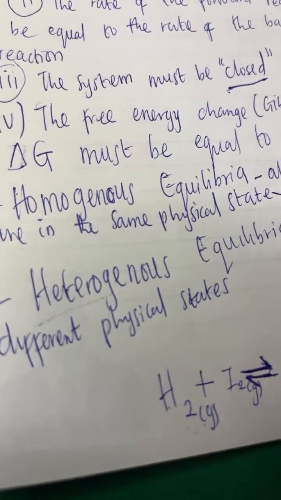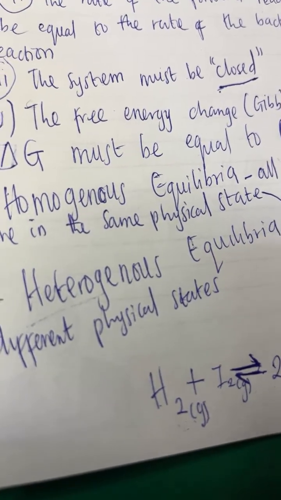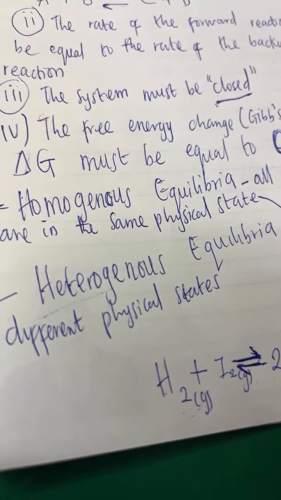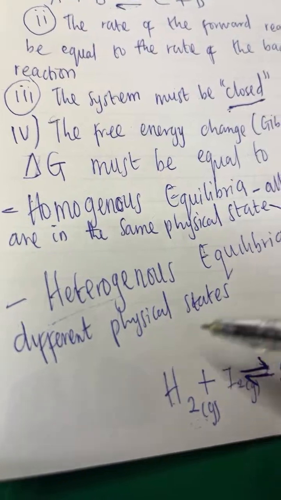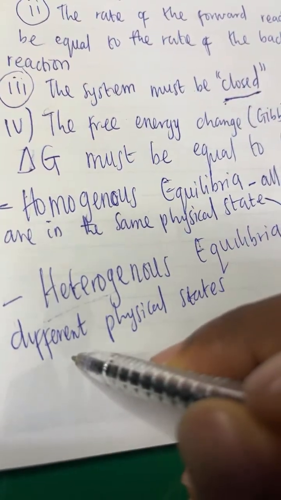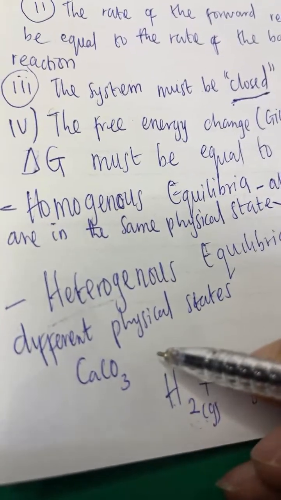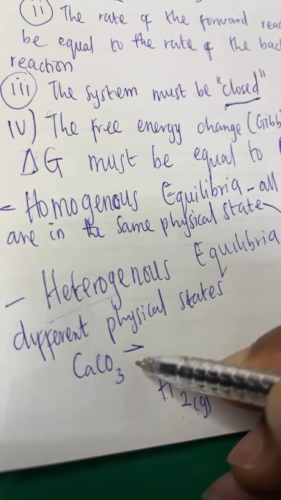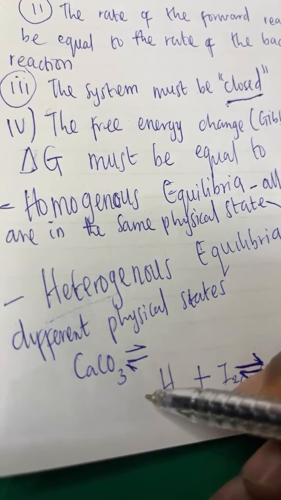So they are in different states, right? Let me give you an example of a heterogeneous equilibrium. Let's say limestone, CaCO3, breaking down in a reversible format.